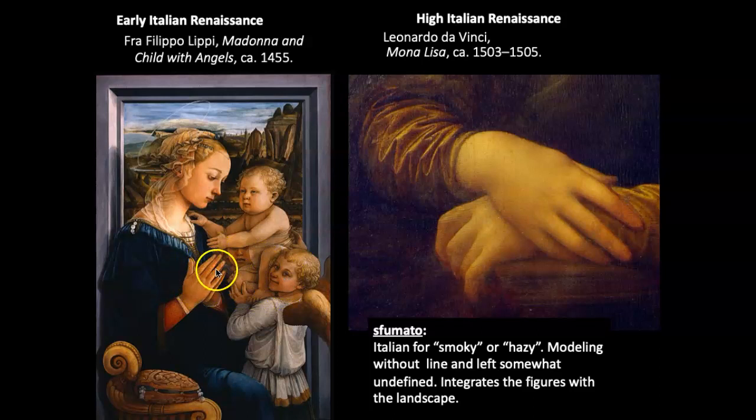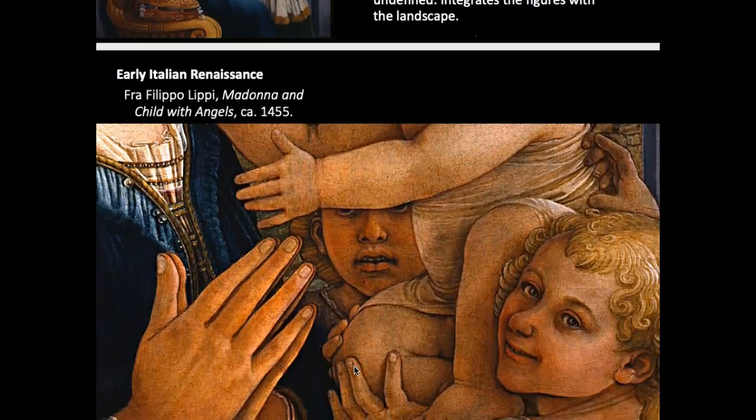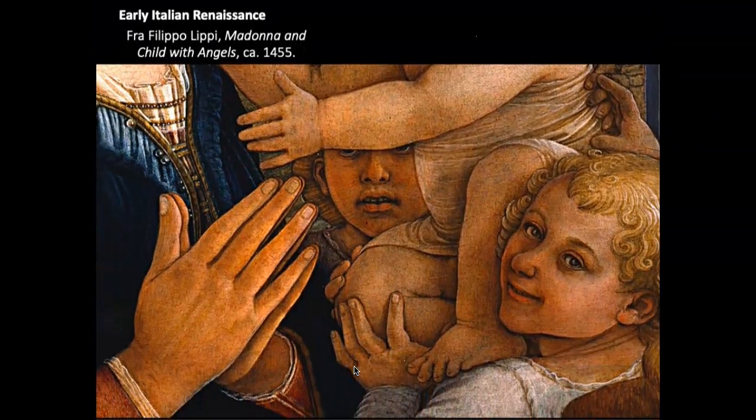Now, we're not going to look at this one in more detail as the specifics of composition and everything like that, but we are going to look at Lippi's use of highlights, midtones, and shadows. So we see beautiful highlights, midtones, and shadows. So we can say that this uses chiaroscuro, but look at the outlines of these figures.